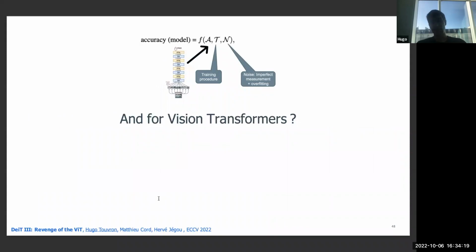And now the question is for vision transformers. With vanilla vision transformers, we have a very general architecture. With the self-attention mechanism, we can learn some kind of convolution, some kind of long-range interaction. So it's a very general architecture with very few spatial priors.